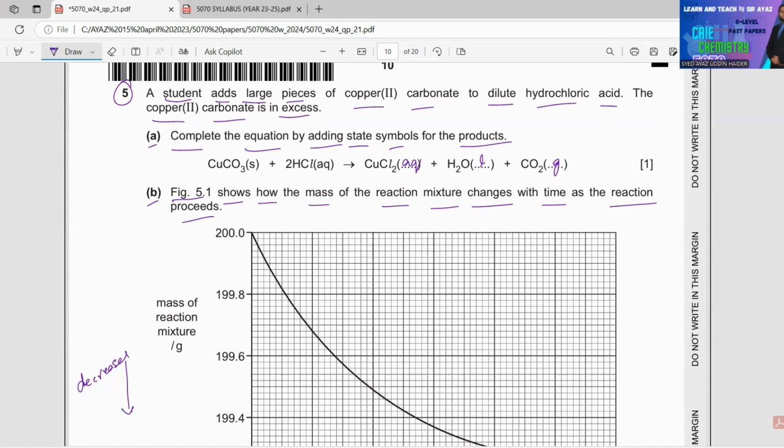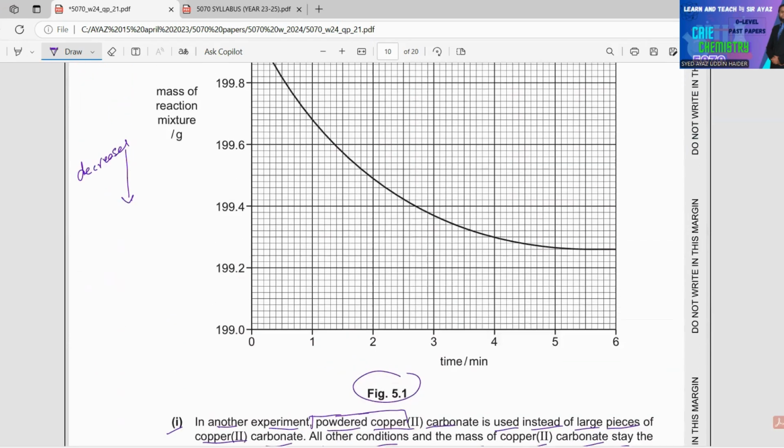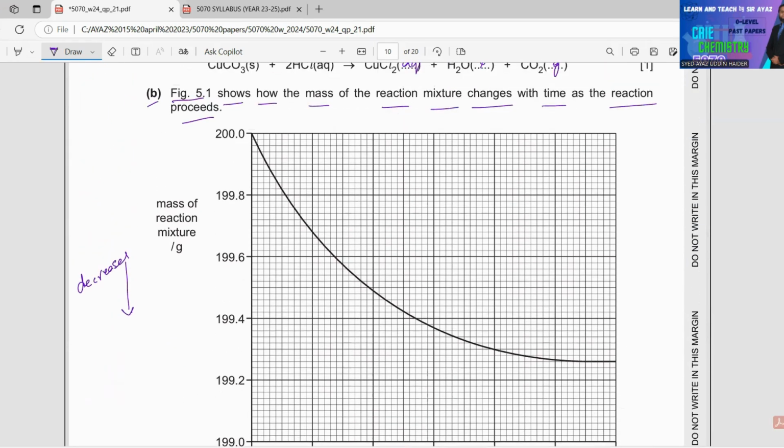Now, initially they are using large pieces of copper(II) carbonate. Now they are using powder form. You know that powder form has a large surface area, and this increases the rate of reaction. There are small particles present in the powder form. They are more exposed, so they have better chances to react. So you will have a steeper gradient initially.